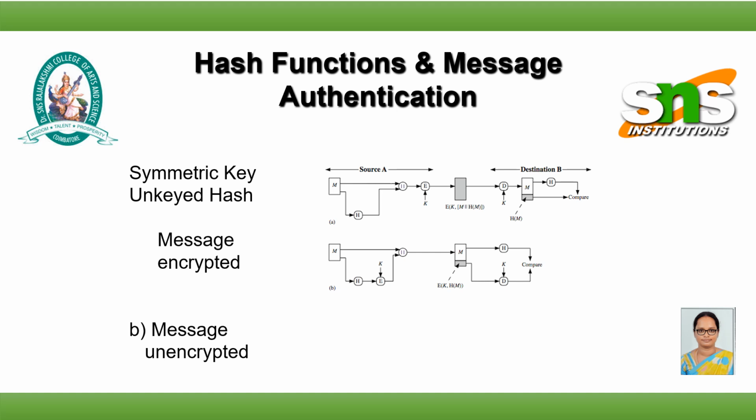Hash functions and message authentication. Here is a pictorial representation: symmetric key, unkeyed hash, and the message unencrypted. For message encryption, we first do the encryption operation, and after that we add a key to it.